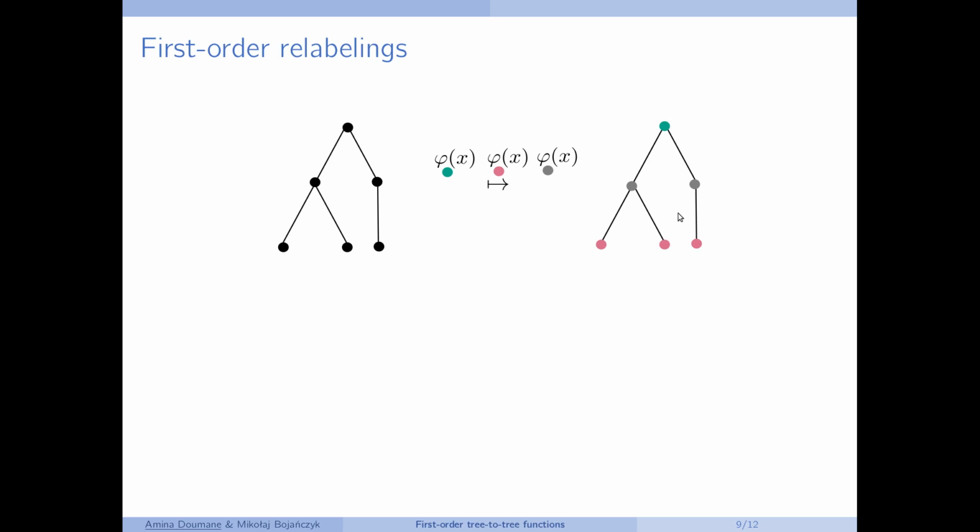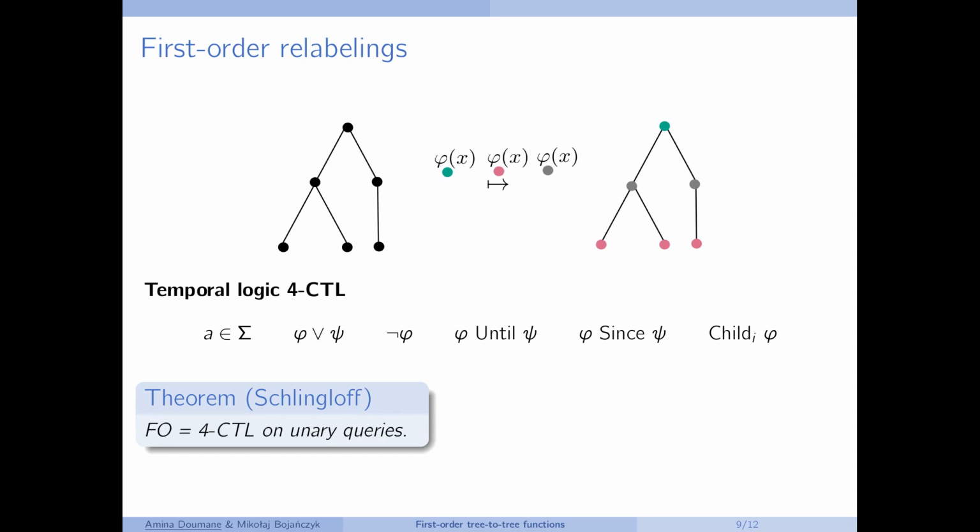Now, to show that first-order relabelings are derivable, we can be tempted to proceed by induction, but this will introduce some new variables which we don't know how to handle. So to solve this problem, we go through an equivalent formalism, which is temporal logic, namely CTL, that you can see here. It's very close to CTL with this additional child formula.